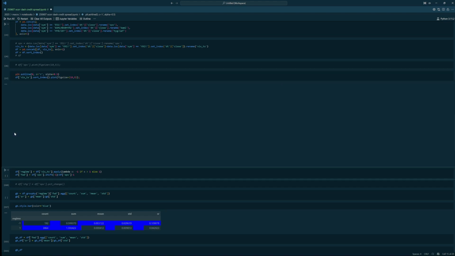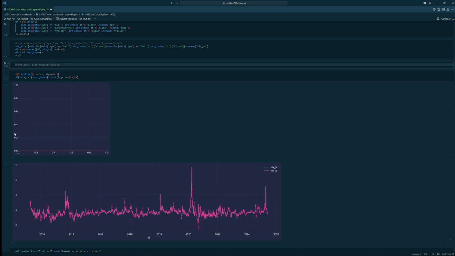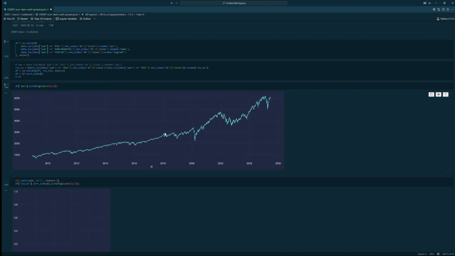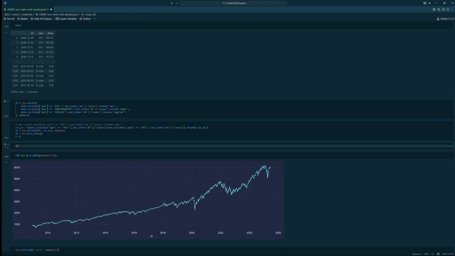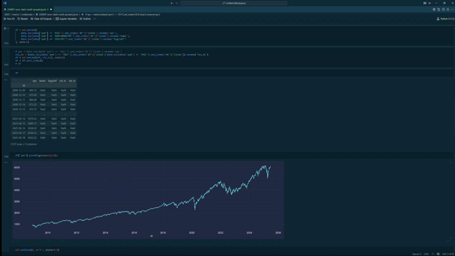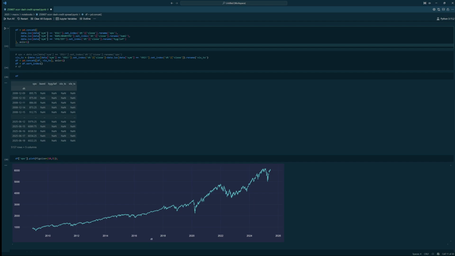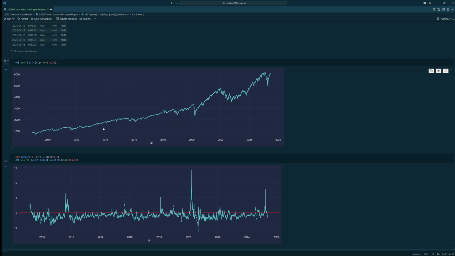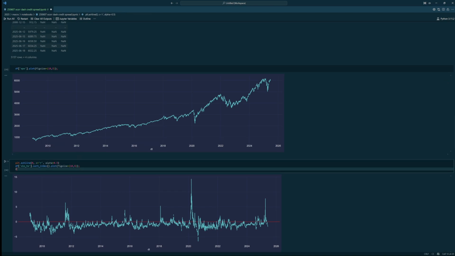That's the same. XTS is the same. Don't know what's going on here. We have multiples of it. Okay. There. Okay. I don't really care about that one.